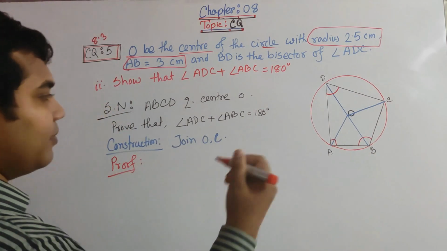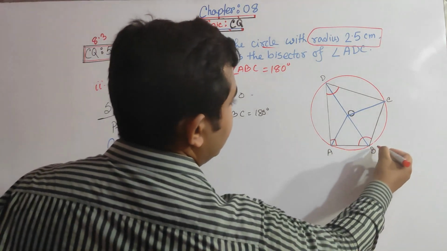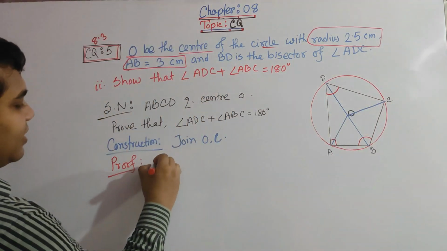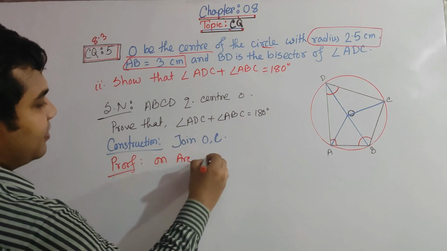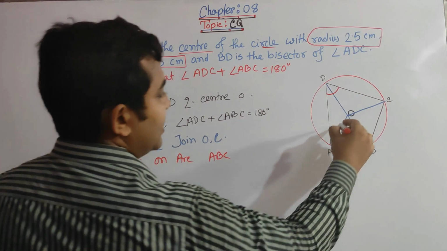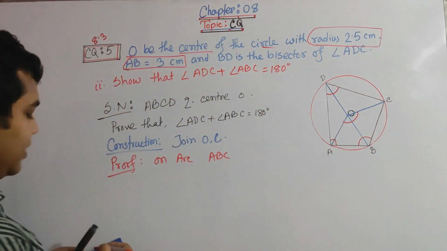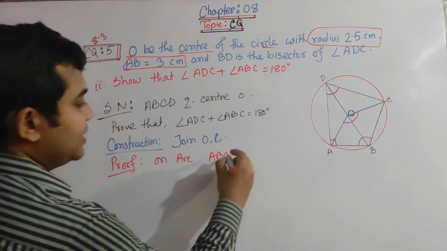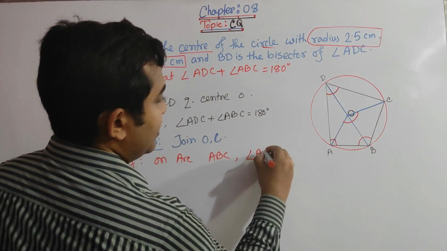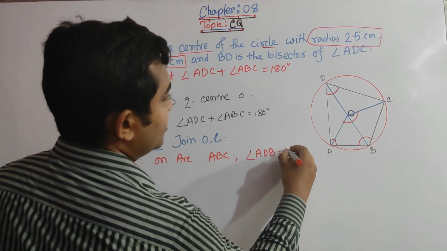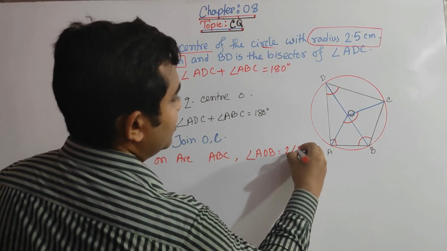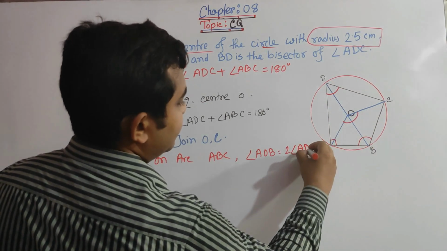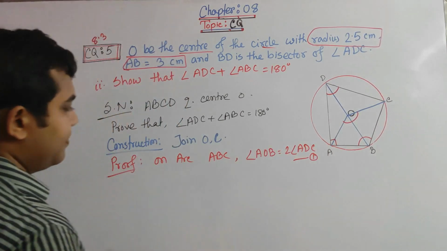So from that statement, on arc ABC, angle AOC equals 2 times ADC. This is number 1.